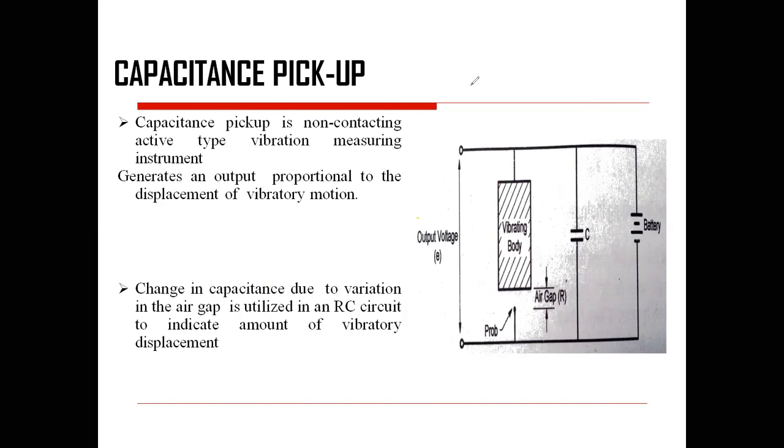So over here, the air gap has been taken under consideration, and the output voltage which is generated depends totally upon the vibrating body, because that vibrating body is going to create an air gap, and that air gap is nothing but the distance, which is calibrated in terms of vibrations or in an electrical signal, and that electrical output voltage is calibrated in terms of vibratory motion.